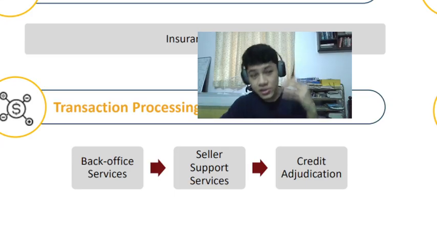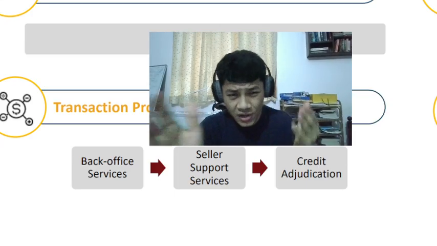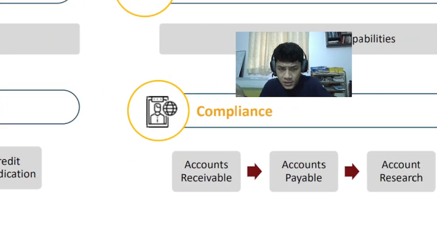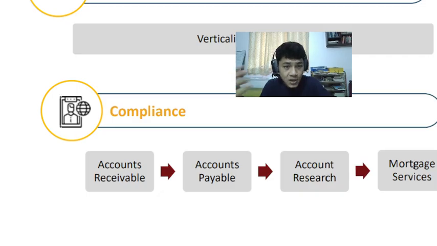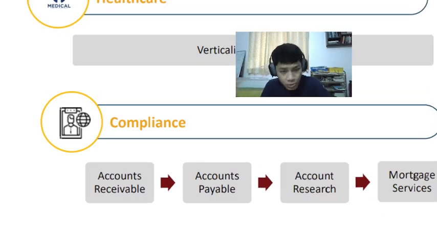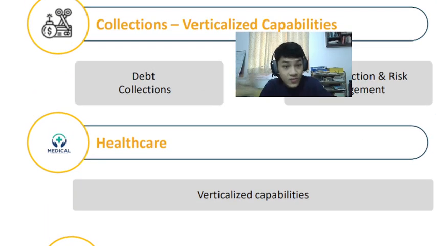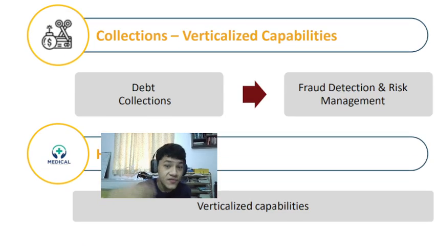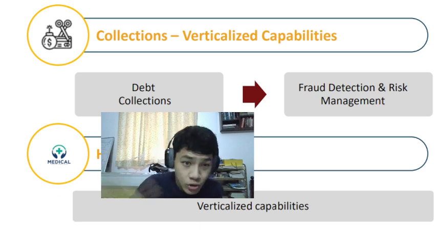Basically, even in the office, there'll be things that can be automated. It can help with that also. Then compliance, accounts receivable, accounts payable, accounting research. We have healthcare. It can even help healthcare companies, helping in debt collection, fraud detection, and risk management. It can provide services or software.